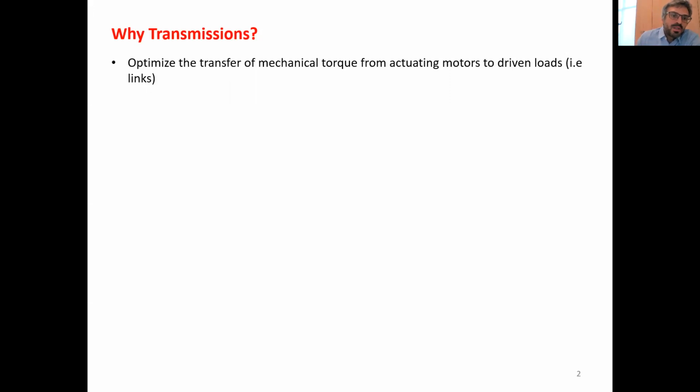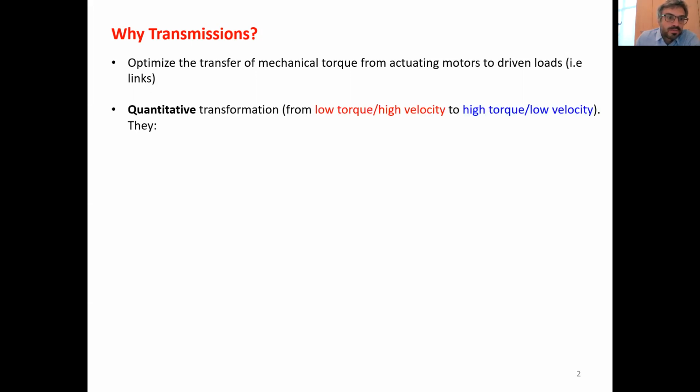A transmission is to optimize the transfer of mechanical torque from the actuating motors to the loads. And this transformation is quantitative. For example, I can go from a low torque, high velocity motor to achieve a high torque, low velocity motion at the link.